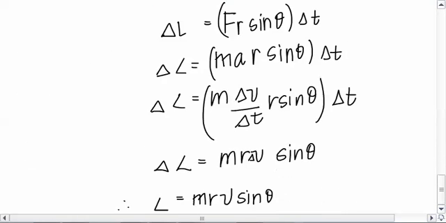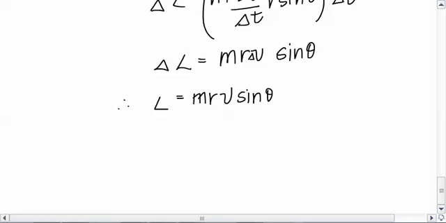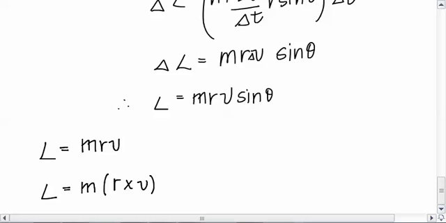All right, so let's put all this together. The angular momentum of an object is m R v, but also, because of my cross product substitution, remember, momentum is a vector, it would be m R cross v, which is the same thing as m R v sine theta.